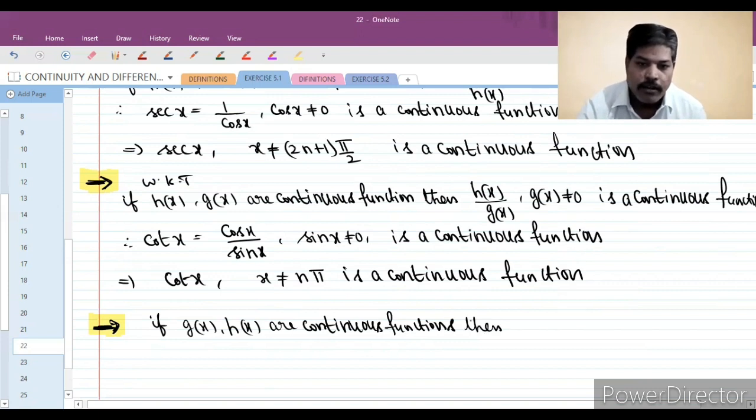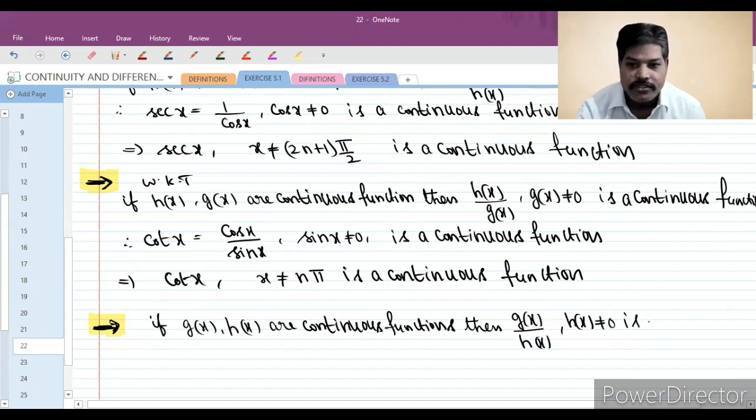Then g of x by h of x, h of x not equal to 0, is a continuous function.